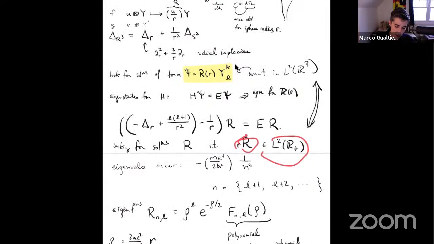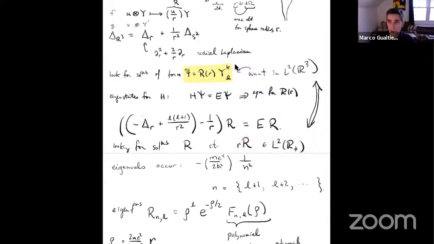When we solve this equation, we might find solutions for various different values of E for which the behavior of r at infinity is such that it doesn't decay fast enough, and as a result, r multiplied by this will not be an L2.